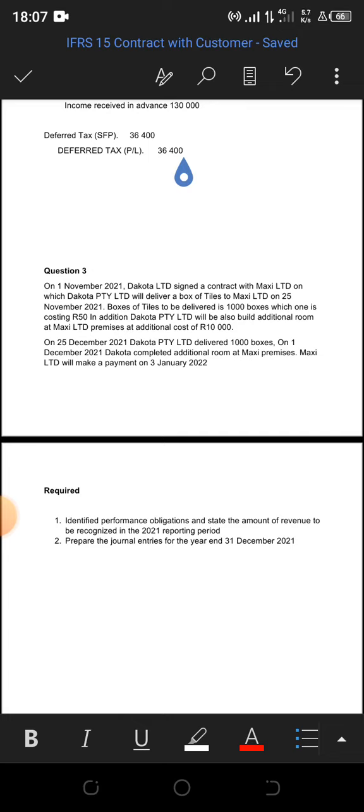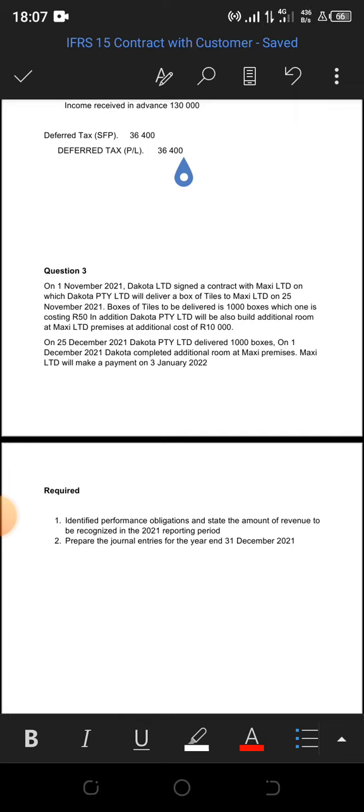The boxes of tile to be delivered is 1,000, each costing 50 Rand. In addition, Dakota Ltd will also build an additional room at Maxi Ltd premises at an additional cost of 10,000.